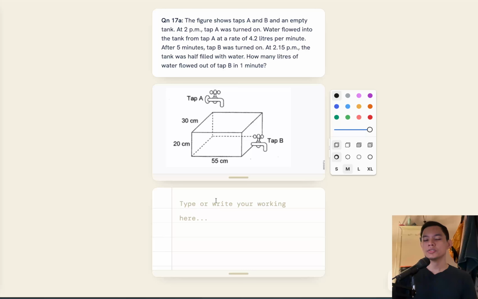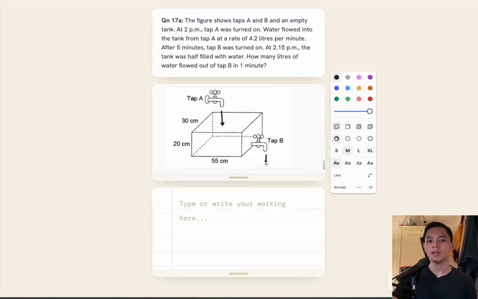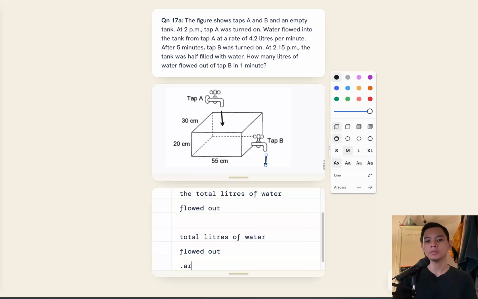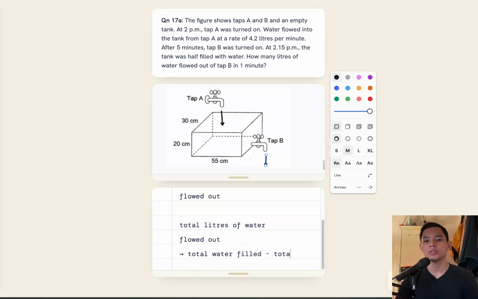So in essence, we just want to know the concept of the water flowing out, if there is water coming in as well, right? The water coming in, then water coming out. So to get the water flowed out from tap B, we need to know the total liters of water flowed out. Total liters of water flowed out is basically equal to total water filled minus total water left.